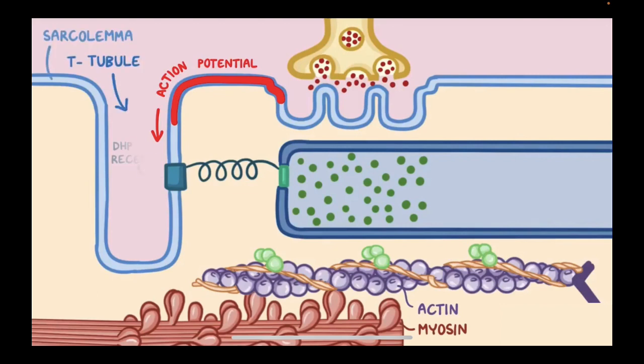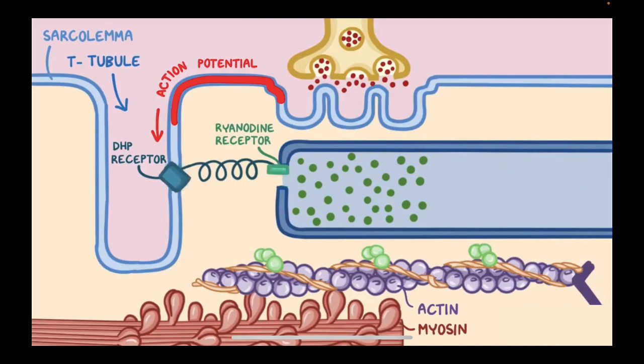when the action potential travels through the sarcolemma and reaches the T tubule, it interacts with these interesting receptors called DHP receptors. These are interesting because they are physically connected to another receptor called the ryanodine receptors on the sarcoplasmic reticulum. Once stimulated, the DHP receptors change shape.